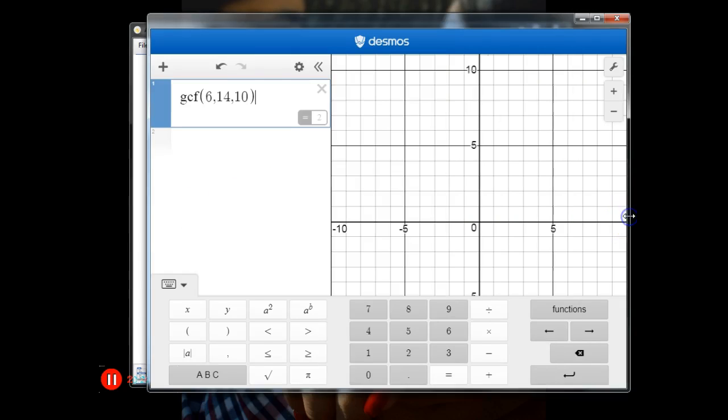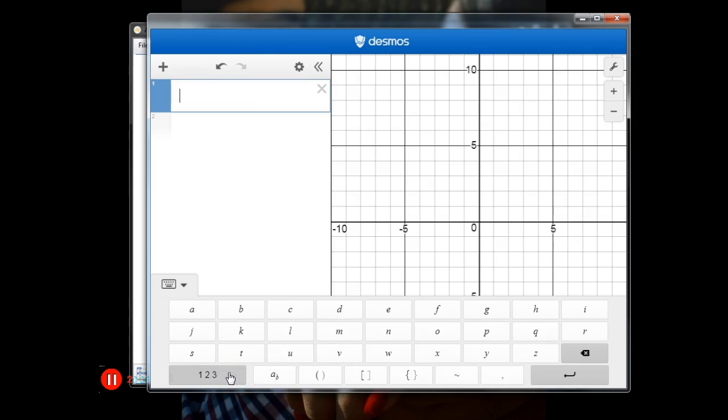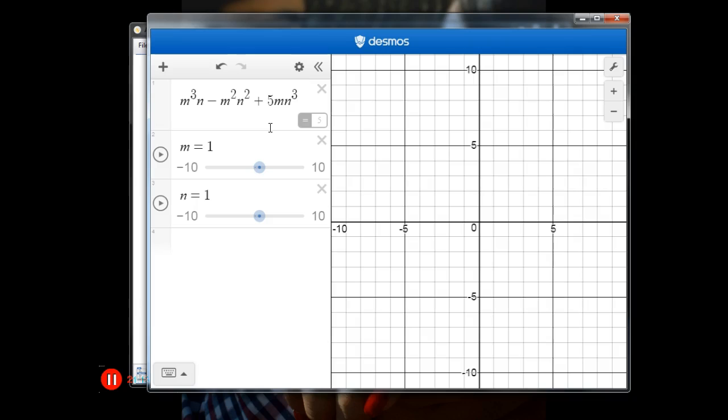Let me show you. You're going to click all, and then you're going to add a slider, change the number, and make sure they're different.